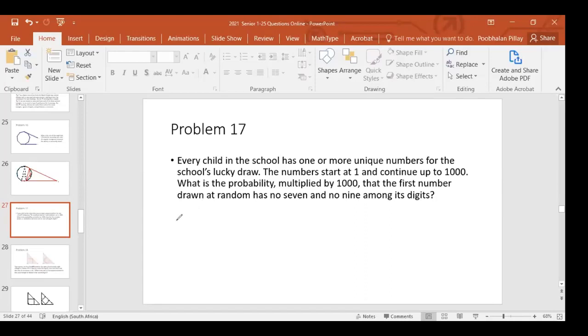All right, so the 1,000 numbers are distributed amongst each child. Right? This fellow has got some numbers, maybe one number here, some numbers, but altogether you got 1,000 numbers. Now, what is the probability multiplied by 1,000 that the first number drawn at random has no 7 and no 9 amongst its digits? So this is a probability problem.